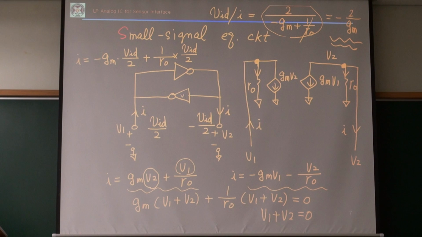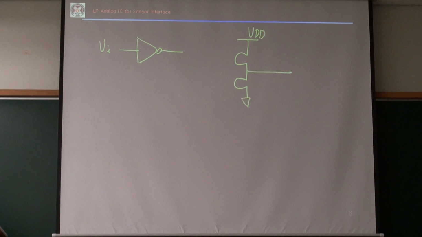The question is, each inverter has an nMOS and a pMOS, right? They are adding together. I have an inverter with input VI, VDD, 0, and output VO. Actually they are adding together.